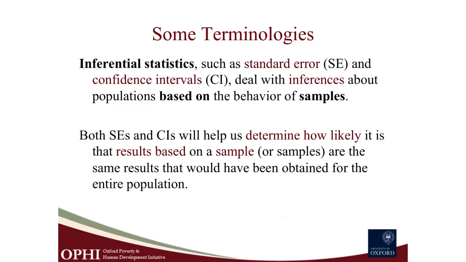To do that, one of the main methods is to compute what we call the standard error of an estimation. The idea is very simple. If I have a sample, I get an estimate. Let's say someone else comes later and gets another sample.